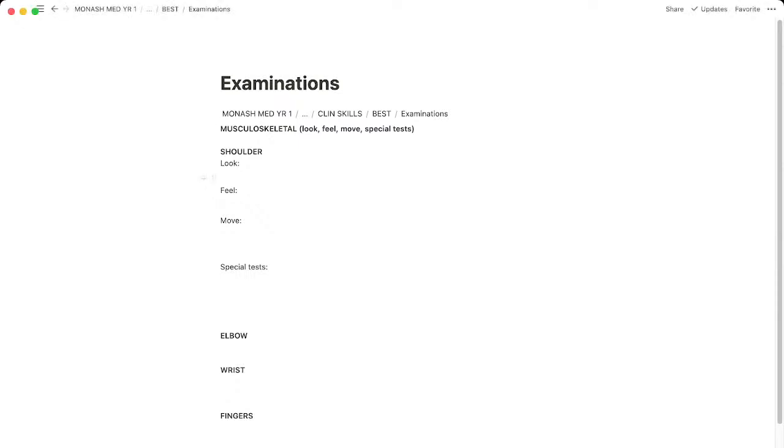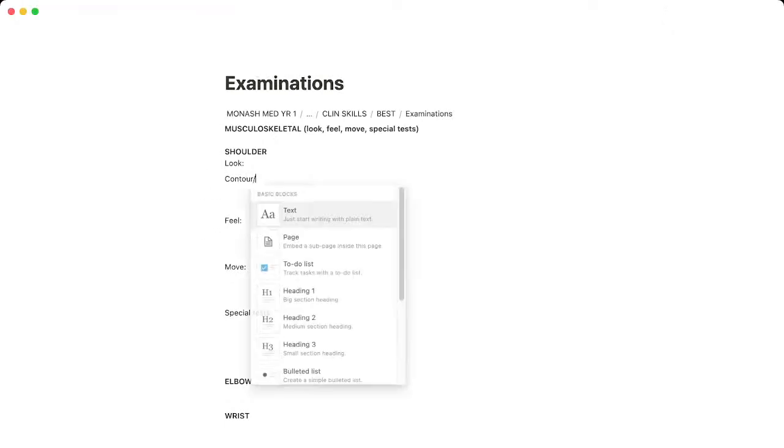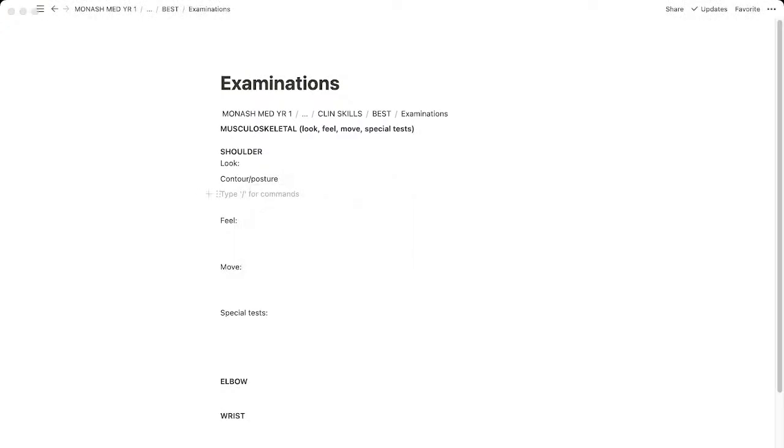I guess clavicle. Look, feel. What am I looking for? Contour, posture. Skin, lumps, color. Scar, swelling, muscle bulk, deformity.